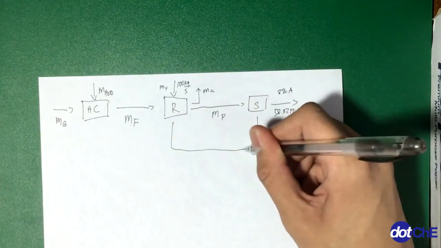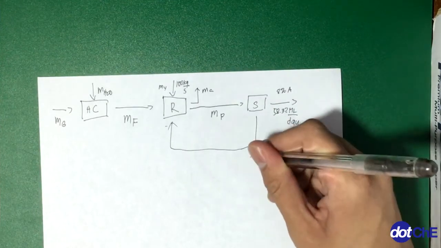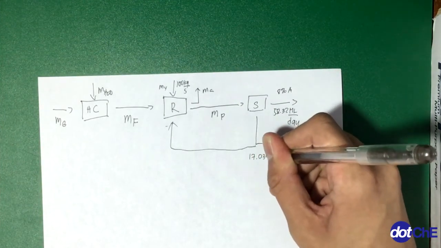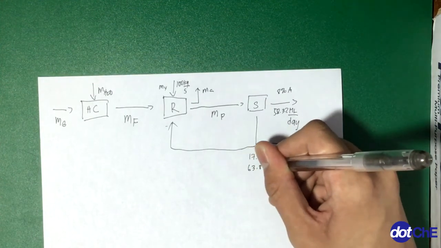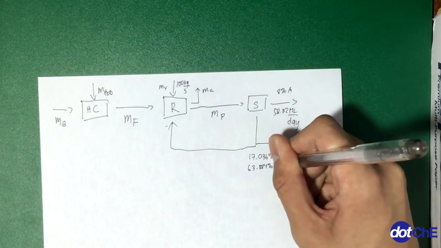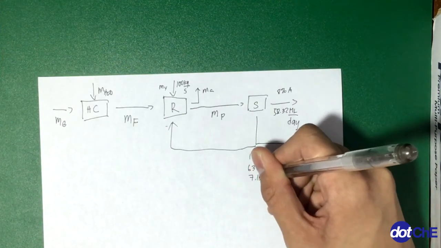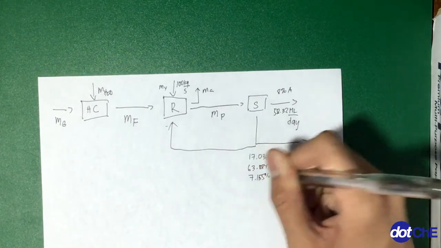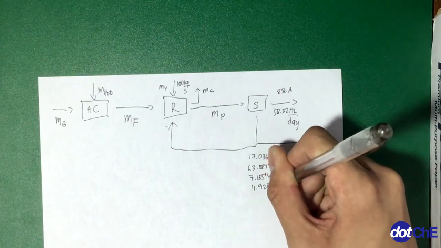And we have here the recycle stream, which is purged with a composition of 17.036% yeast, 63.884% H2O, 7.155% ethanol, and 11.925% of glucose.